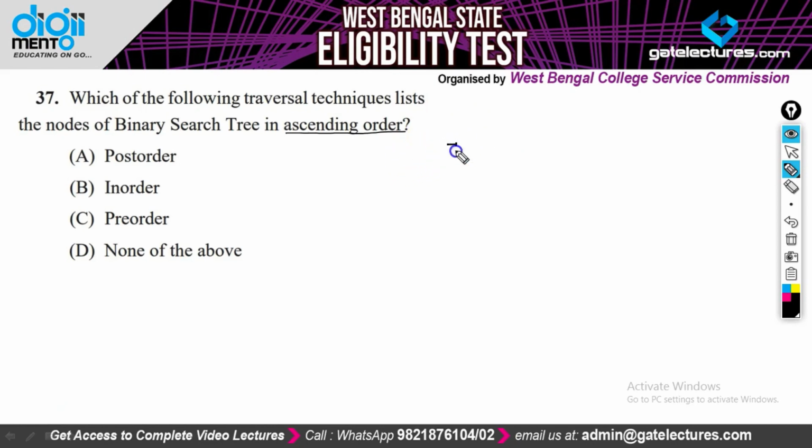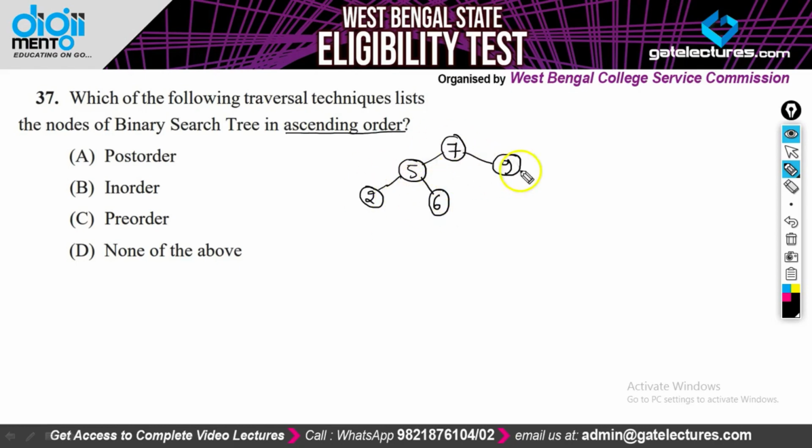So you know the property of BST. Suppose this is my root, 7. Then on the right of it should be nodes greater than 7, and on its left side all nodes must have lesser value than 7. So I am saying 5, which is lesser than this, and on this side let's say 9. Now on its left it should be smaller than 9, so let's say 2. And on its right it should be greater than 5 but smaller than 7, so let's say 6.